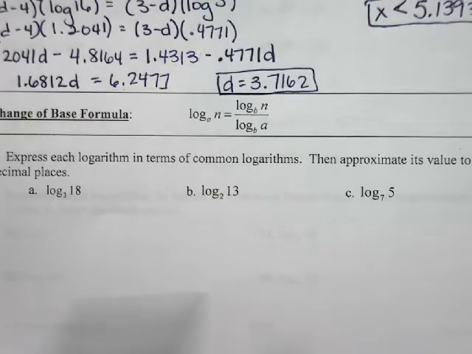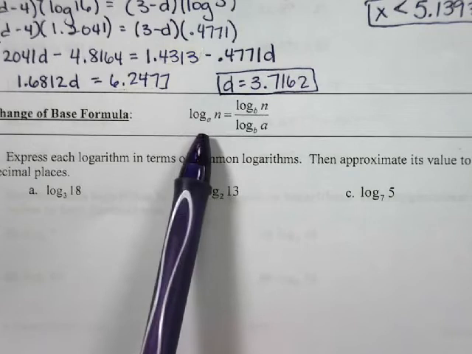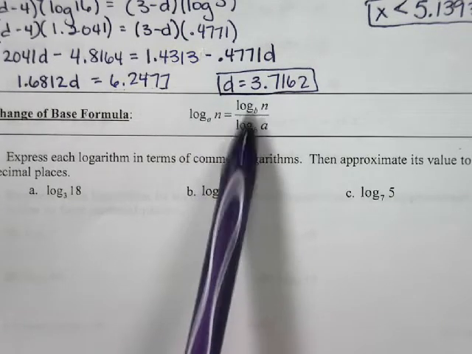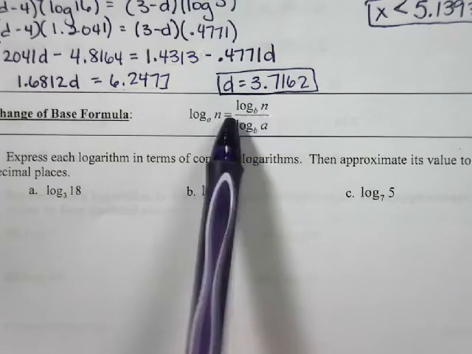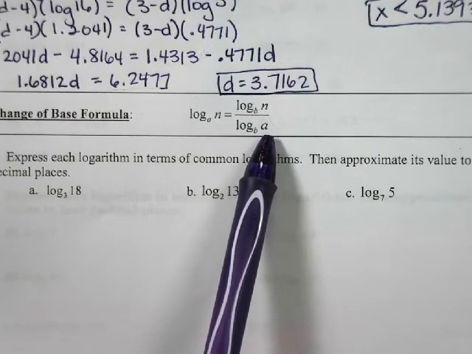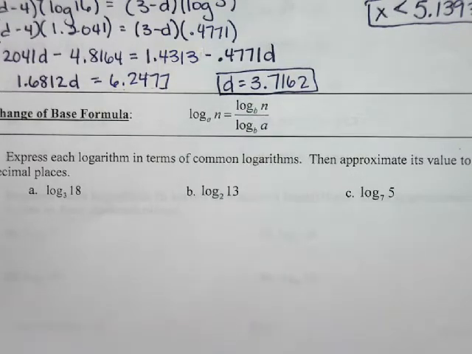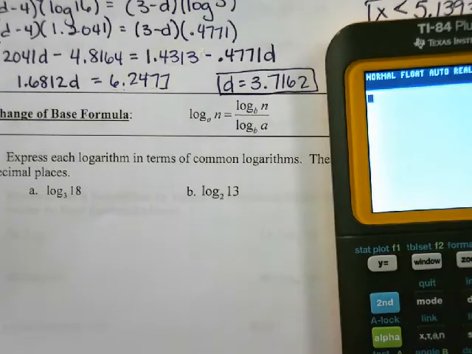The change of base formula says log base A of n is equal to log base B of n divided by log base B of A. Now, however, some of you have calculators where you can do a different base. If you have one like mine, the skinny yellow one or skinny whatever, you do have a different base. So I want to show you how to do a different base on your calculator.